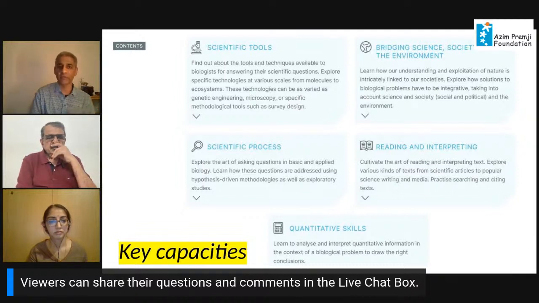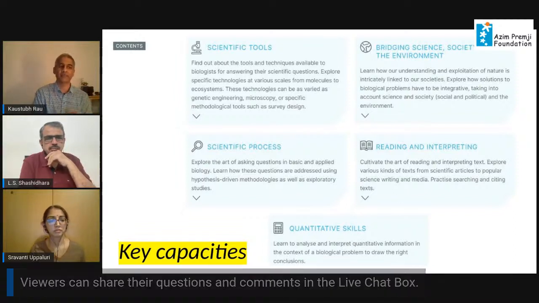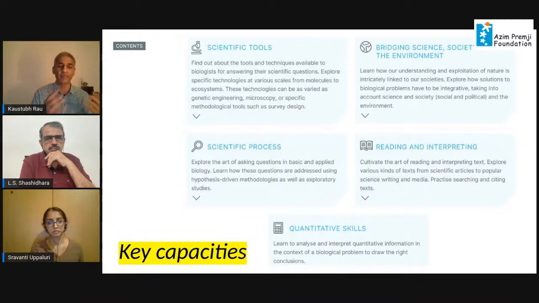And finally, I would say one of the more important capacities is the context aspect that Shanti highlighted, which is what is the context in which a particular field developed. So how did the field of malaria develop? How did people go about trying to discover the parasite, or what is the cause of malaria?